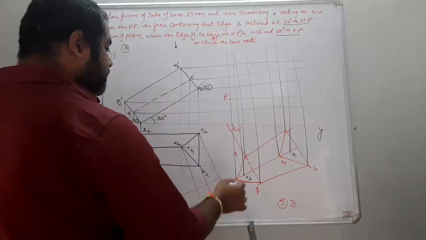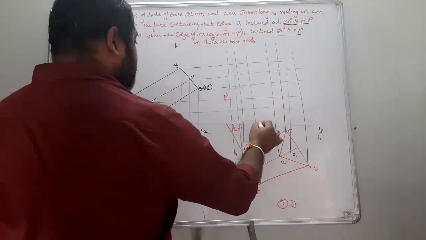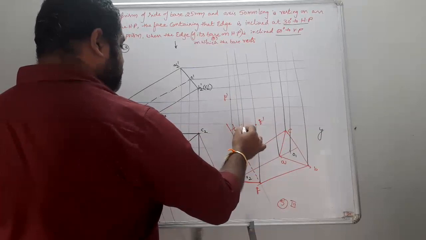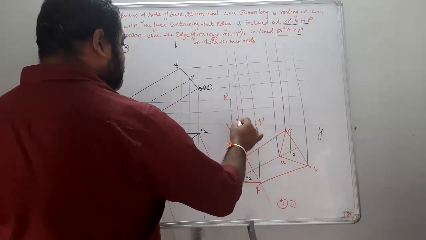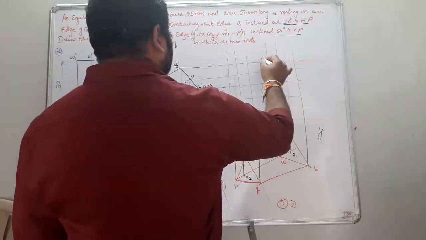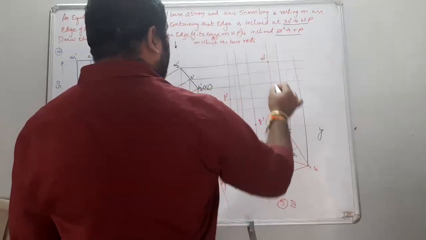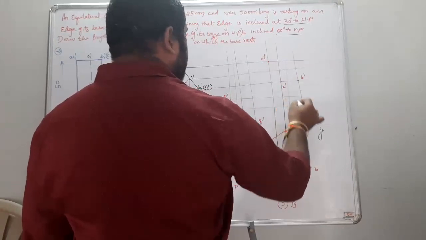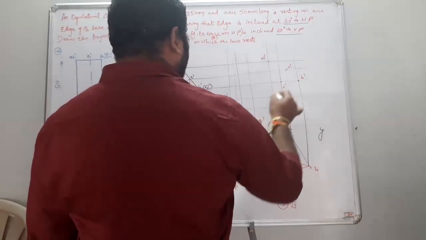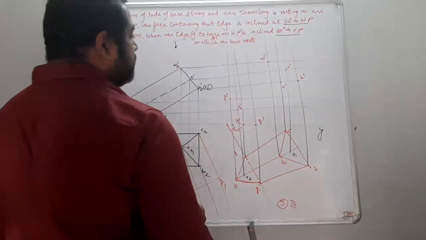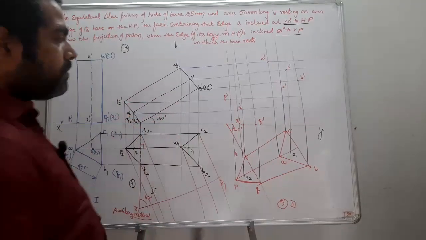P dash, Q dash, R dash, A dash, B dash, C dash, O dash, O2 dash. Okay.